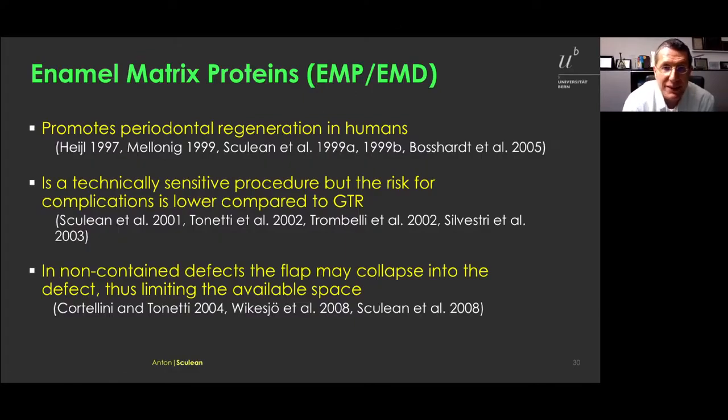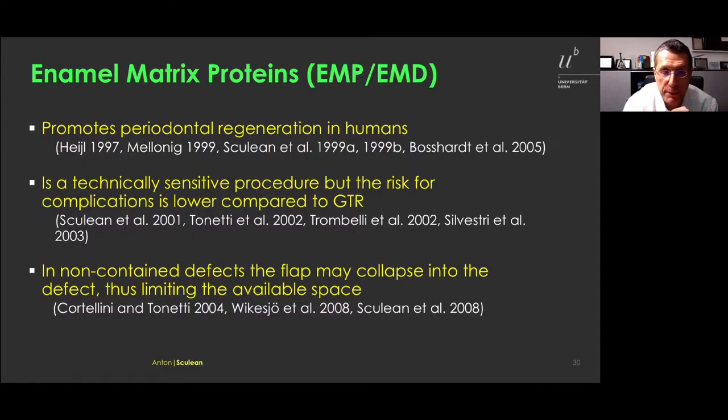However, technically, this is not an easy procedure. It is less complicated than using a membrane, but it is still complex because we have to be very careful on how we prepare the flap, that we don't have blood contamination on the root surface, and we have a very nicely secluded space, a primary closure.